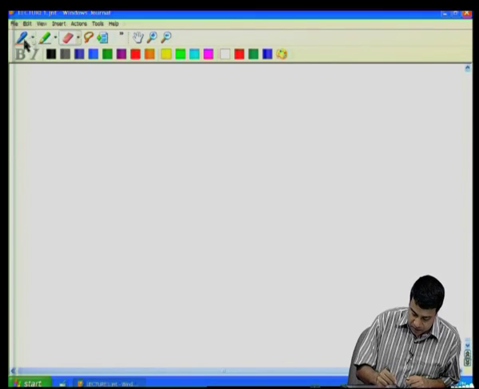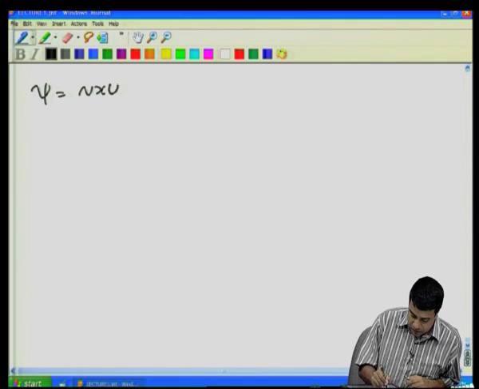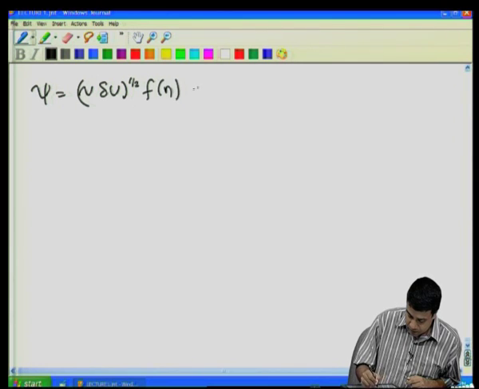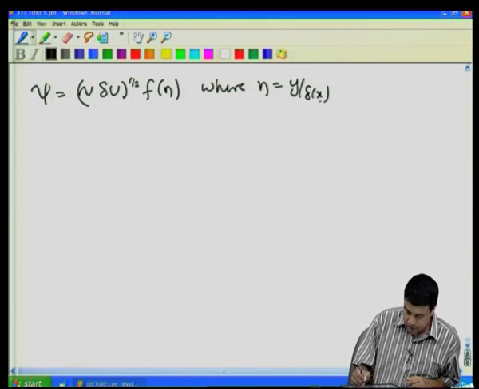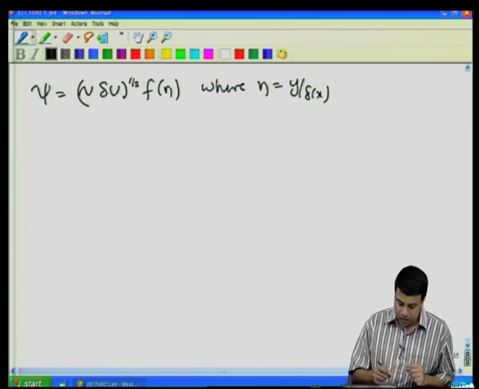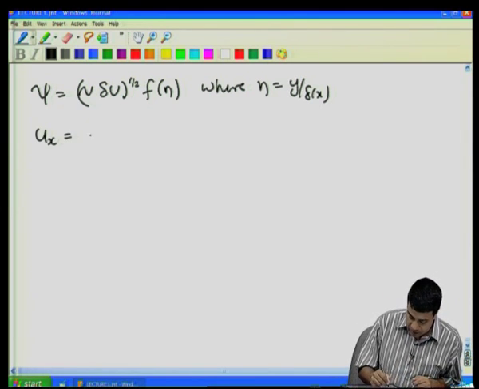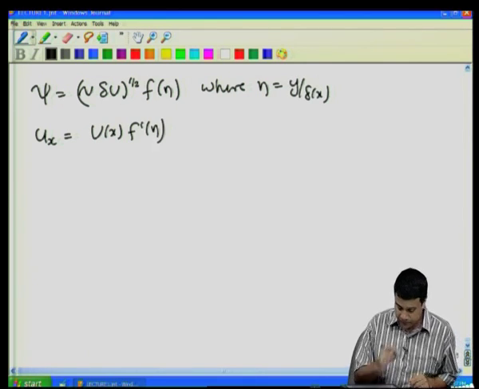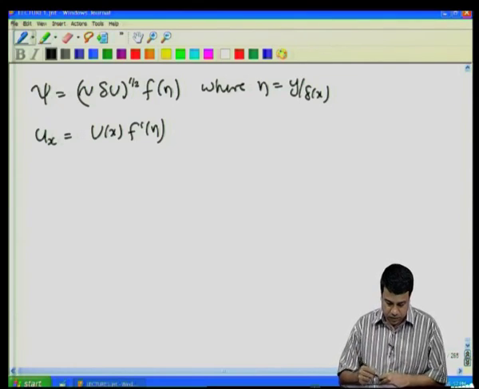The solution was always of the form, we wrote a stream function of the form square root of nu x u of x times f of eta, where eta is equal to y by delta of x. Y is the cross stream direction and x is the streamwise direction. And on this basis, we found the velocity u x is equal to u of x times f prime of eta.